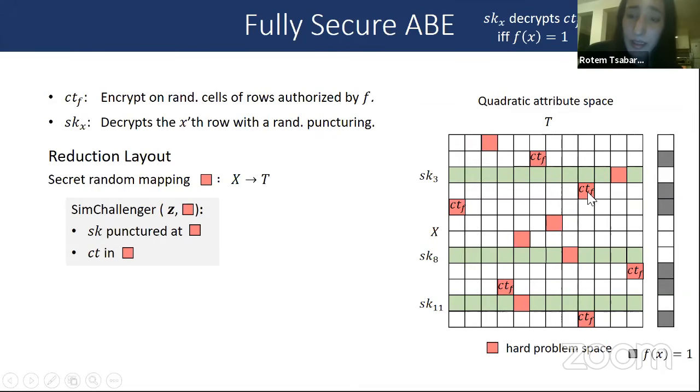But we know that the adversary is never allowed to ask for a secret key that can decrypt any of the authorized rows. So he would never get to see the same pseudorandom value for the same row twice, and therefore he cannot learn that this is actually a pseudorandom value and not a truly random sample tag.